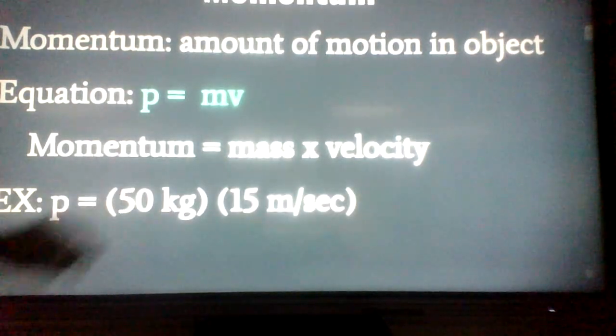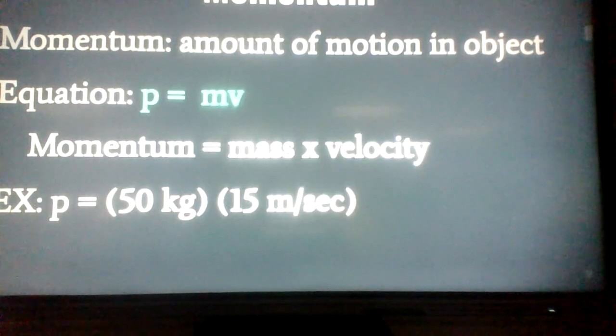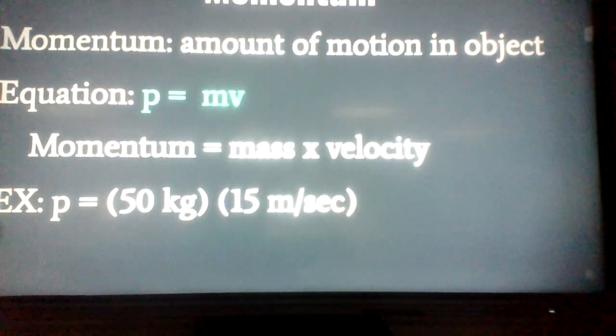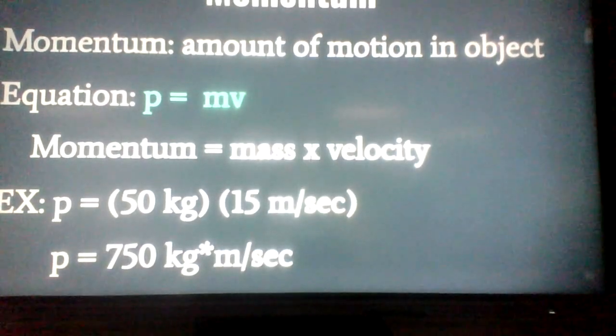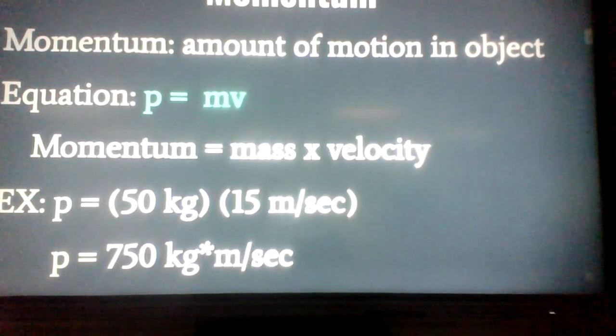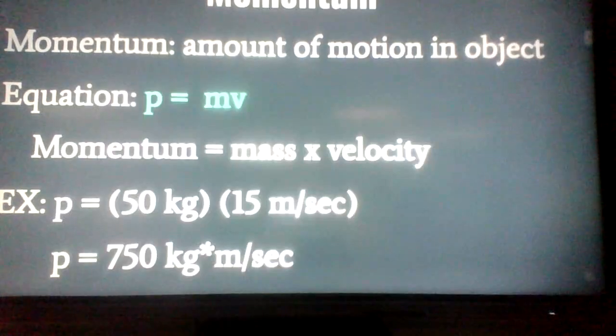Let's say we have a 50 kilogram mass moving at 15 meters per second. How much momentum does this object contain? All we have to do is multiply 50 times 15. We get 750. Here is your unit for momentum, a kilogram meter per second. Now a Newton is a kilogram times a meter per second squared, and someone decided, let's just call that a Newton.